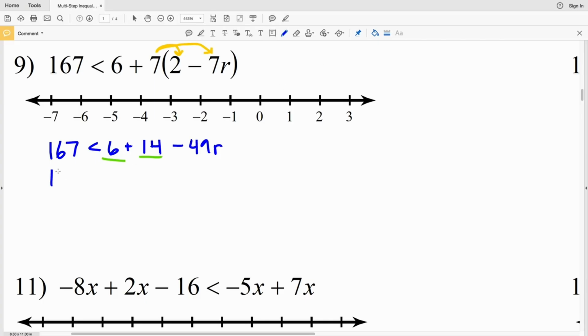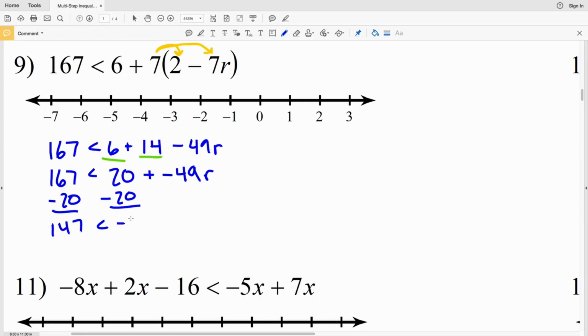That'll leave us with 167 is less than 6 plus 14 is a positive 20 minus, or plus a negative 49r. Subtracting 20 from both sides, we'll get that 147 is less than negative 49r.